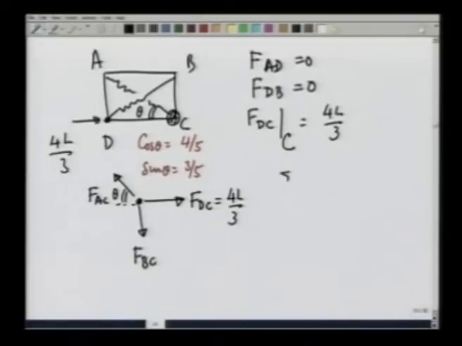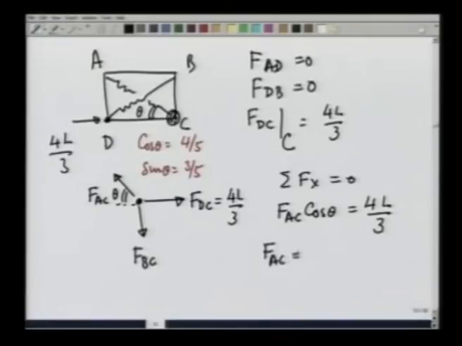So, summation Fx equal to 0 on point C gives me FAC cosine of theta equals 4L by 3. So, FAC is equal to 4L by 3 divided by cosine theta.